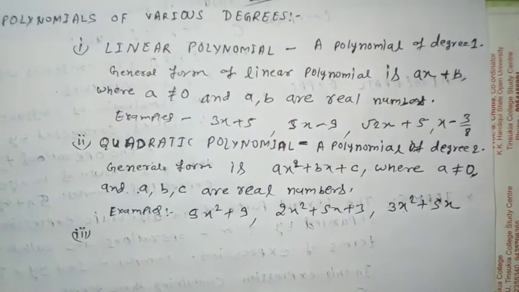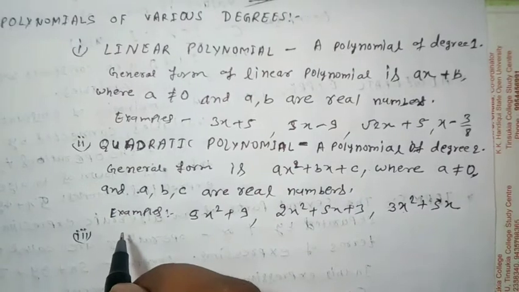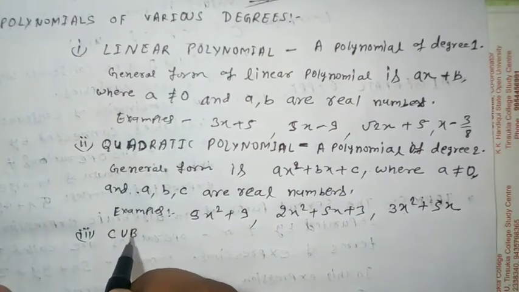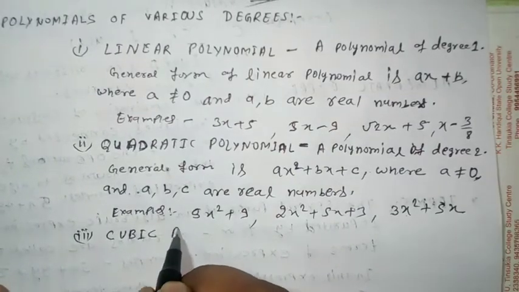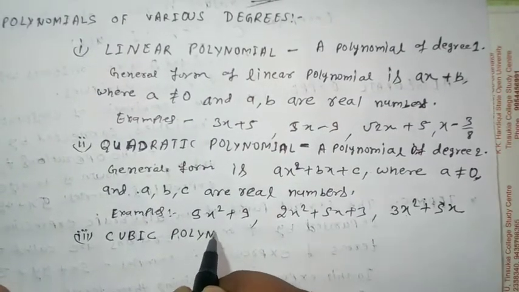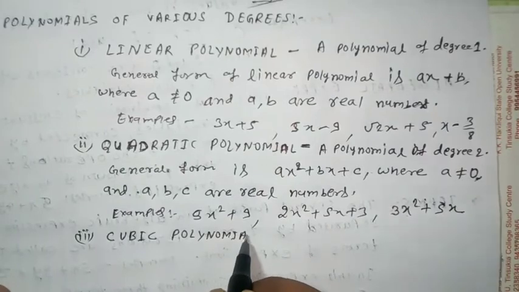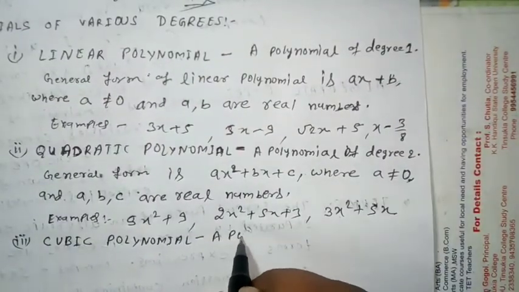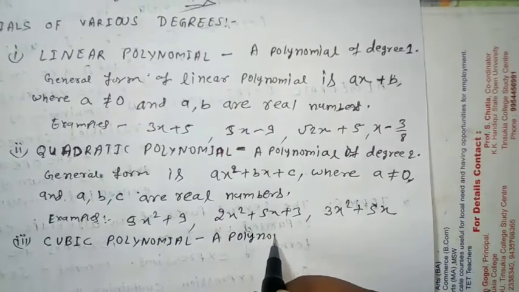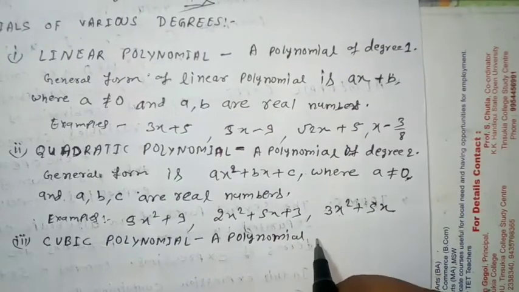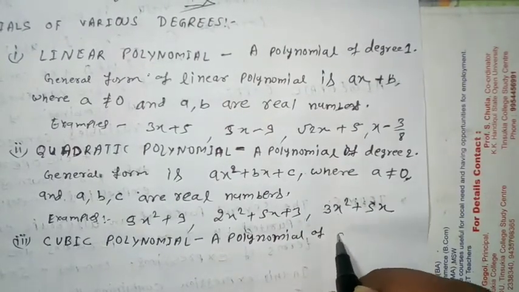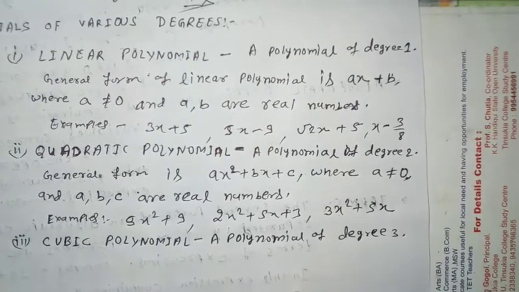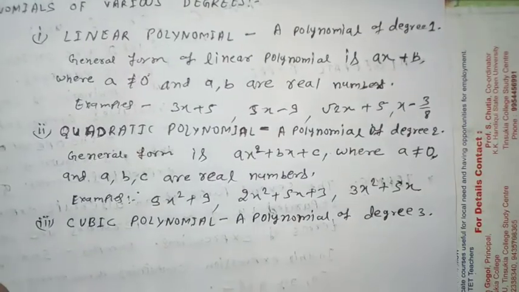3. Cubic polynomial. A polynomial of degree 3 is called a cubic polynomial.